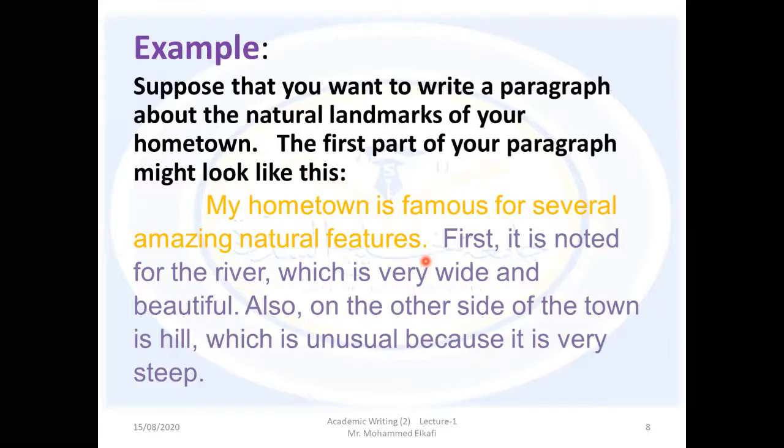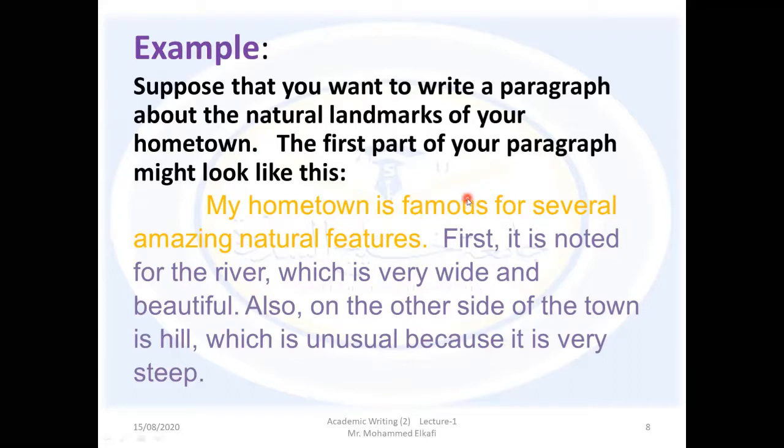Most general sentence. Also, when we read this sentence, my hometown is famous for several amazing natural features, we'll know that the writer will talk about what? About several natural features that make his hometown famous.